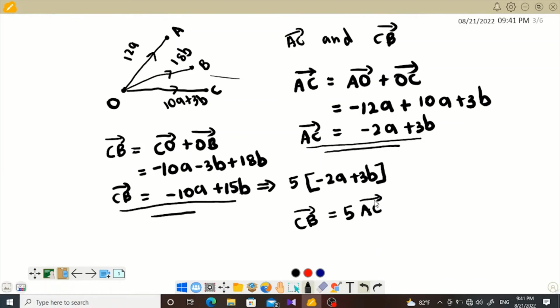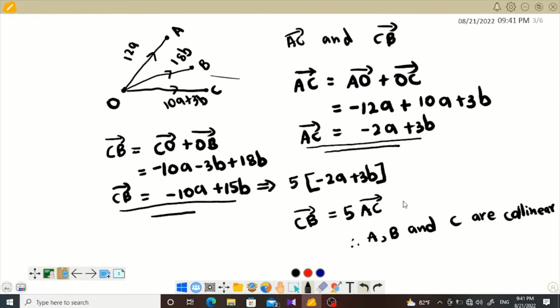From theory, we know that if we multiply a vector by a scalar, we get a new vector on the same line. So these vectors are on the same line. Then I can say A, B and C are collinear. If we multiply a vector by a scalar, we get a vector on the same line or another vector parallel to it.